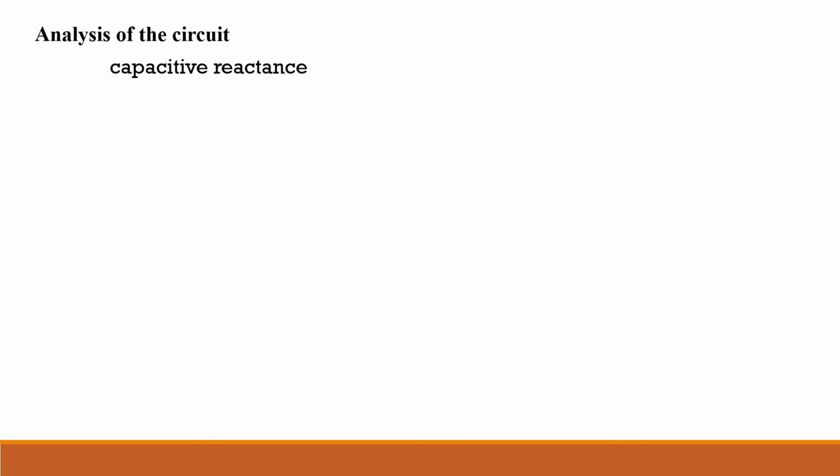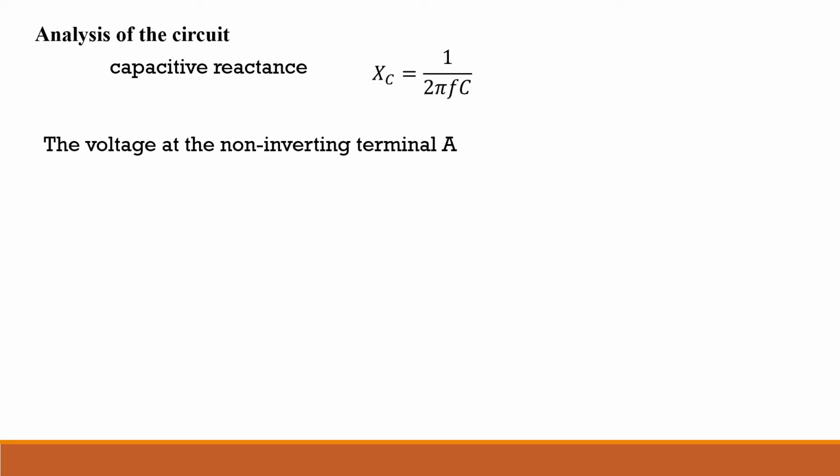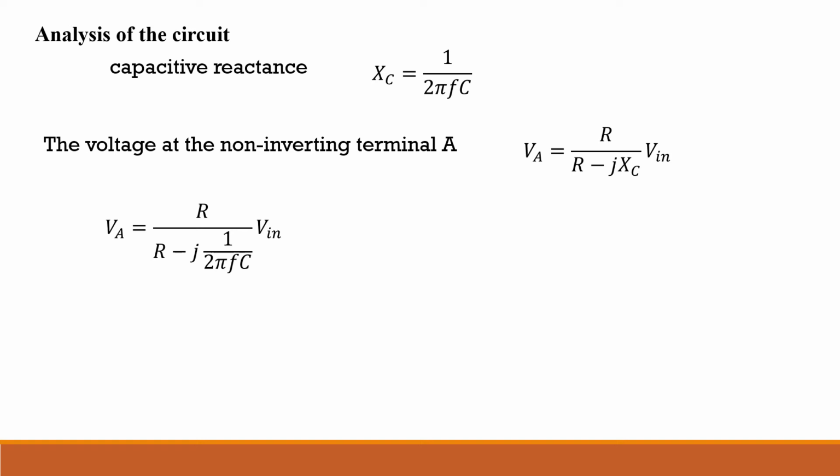In the analysis of the circuit, the capacitive reactance is Xc equal to 1 over 2 pi f C, and the voltage at the non-inverting terminal A is Va equal to R times Vin divided by R minus j Xc, which is the voltage across the resistance R. Substituting the value of Xc, Va will be equal to Vin times j 2 pi f R C divided by 1 plus j 2 pi f R C.